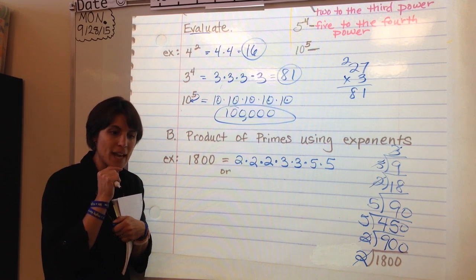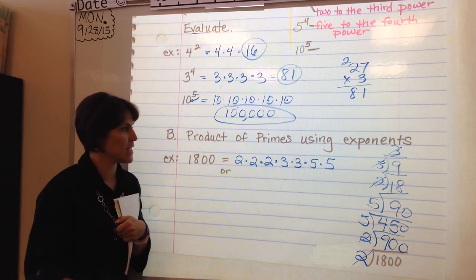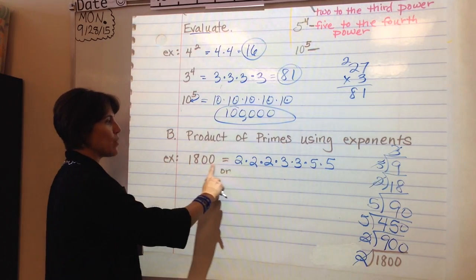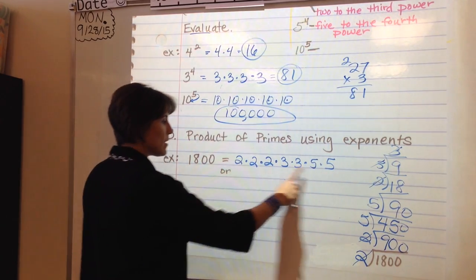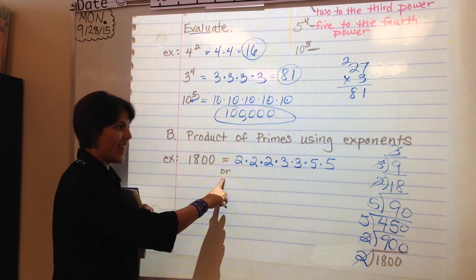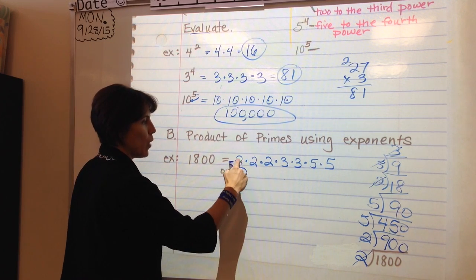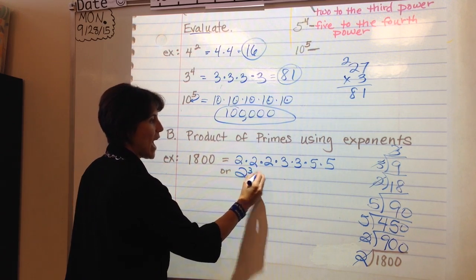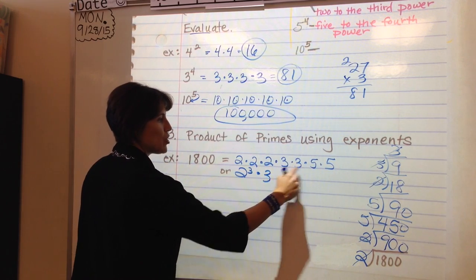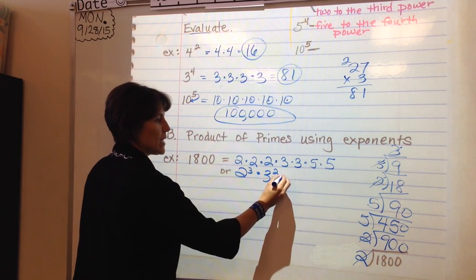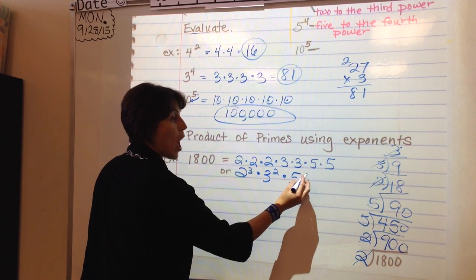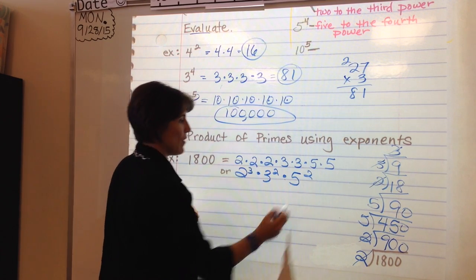I wonder when I know that could help me. Exponents. Yes. So 1800 can be written as a product of primes like this, or like this. Big base 2, 1, 2, 3 of them, times big base 3, 2 of them, times big base 5. Yeah, 2 of them.